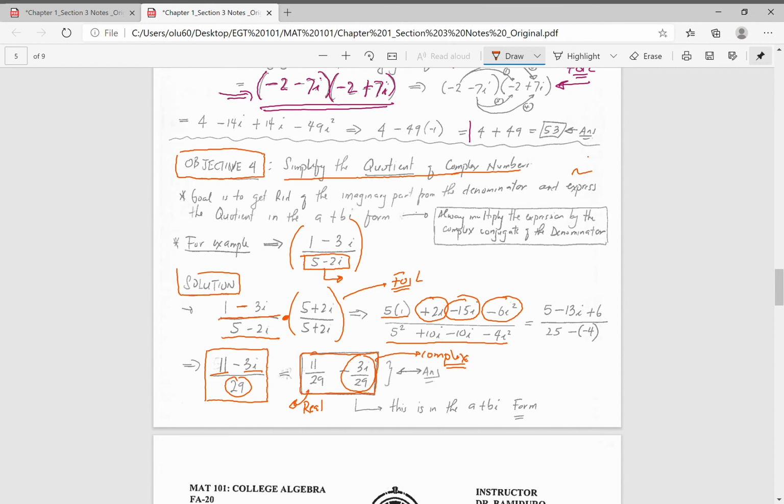Keep in mind that in the exam or in the quiz, they may want the answer in the a plus bi form, a meaning your real number and the bi meaning your imaginary number. Just keep that in mind.